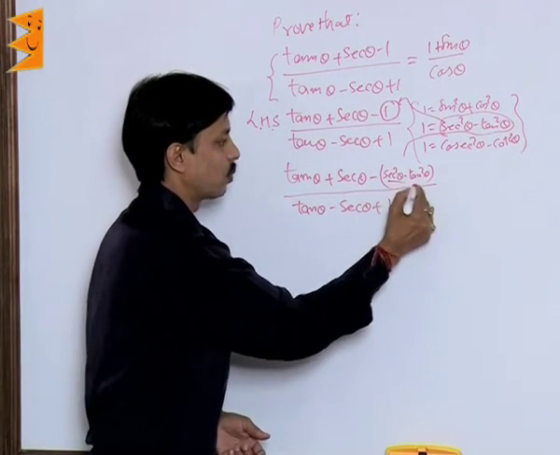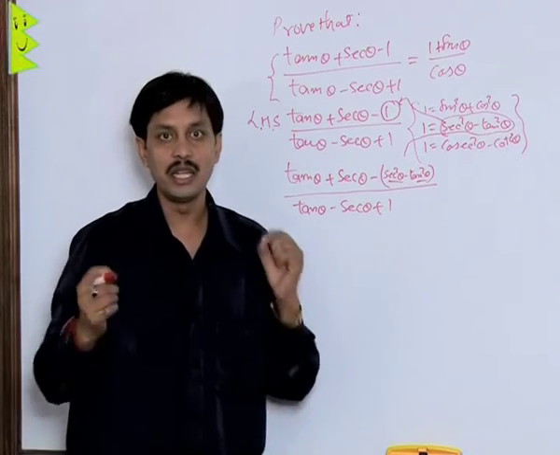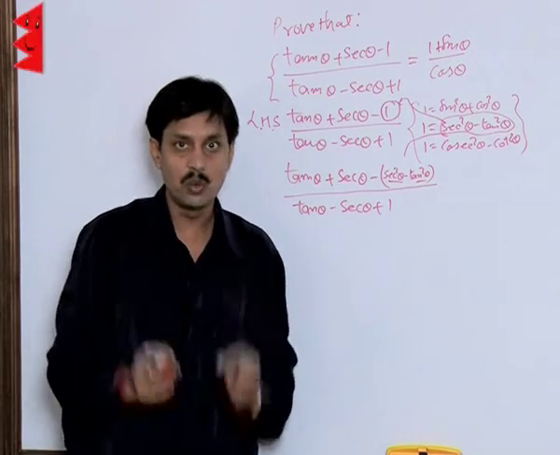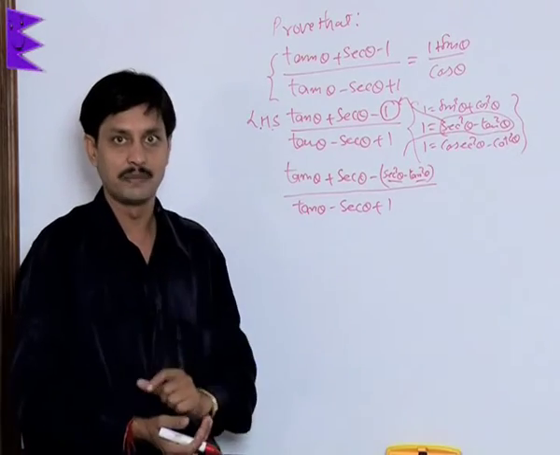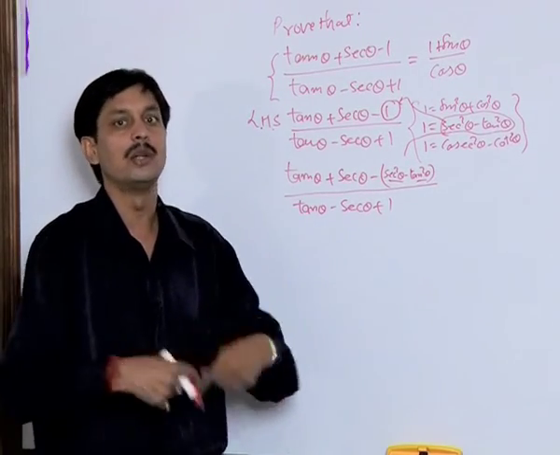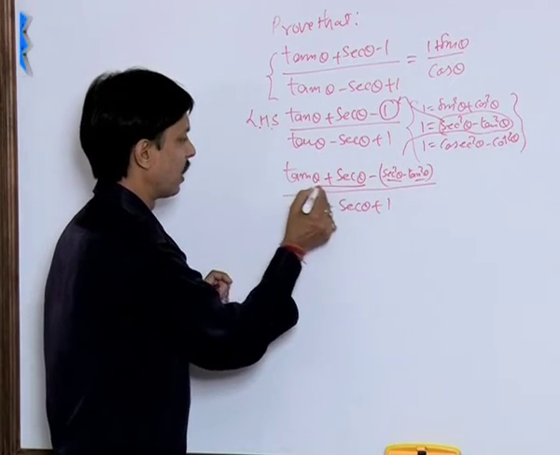Now this sec square minus tan square, by using the algebraic identity x square minus y square is equal to x minus y into x plus y, can be expanded as sec theta minus tan theta into sec theta plus tan theta. So I am not disturbing this part.